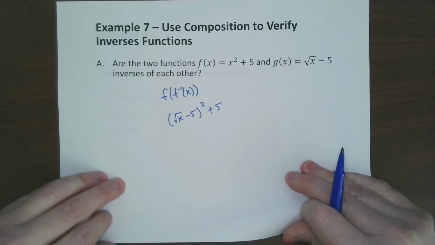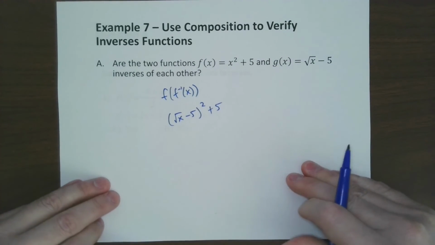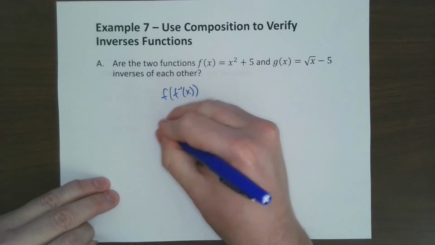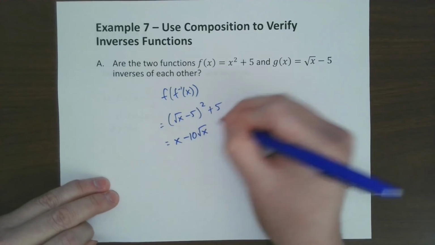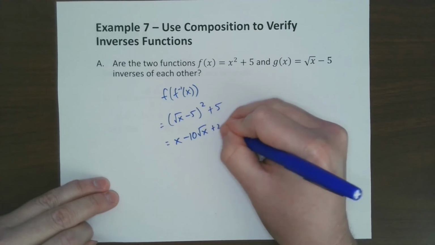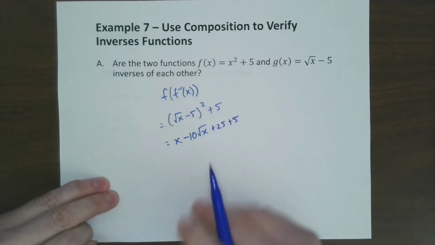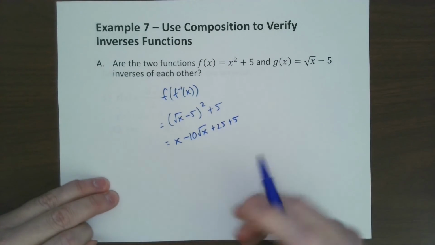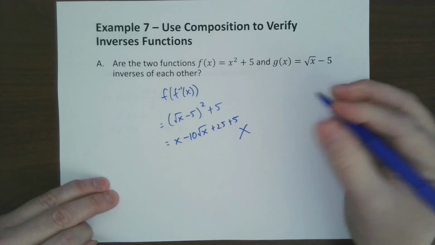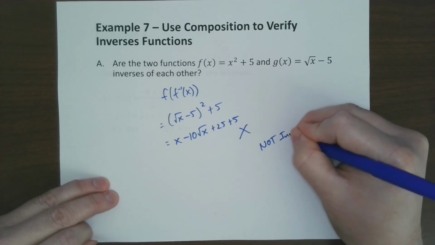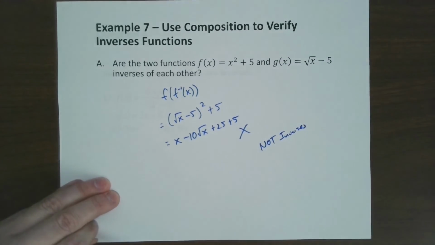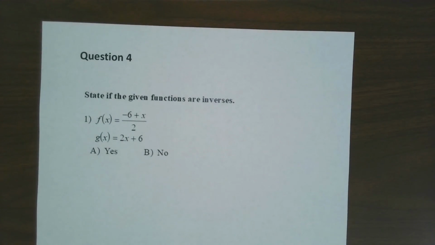Now, if you notice, this is not going to work. There is no way. But just to show you, you get x minus 10 square root of x plus 25 plus 5. That is not going to clean up to x. Nothing's canceling, nothing. So this is no. They are not inverses. Go ahead and try this one.